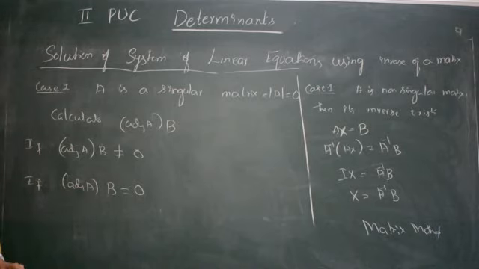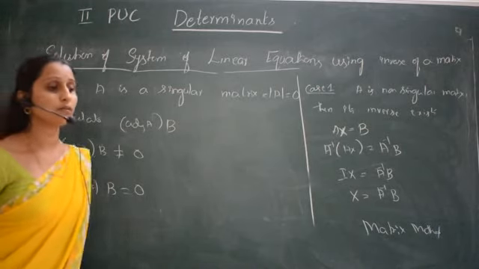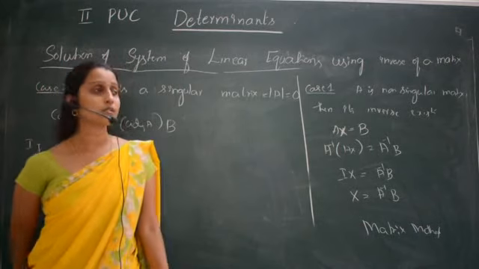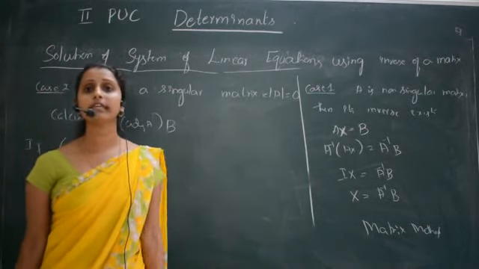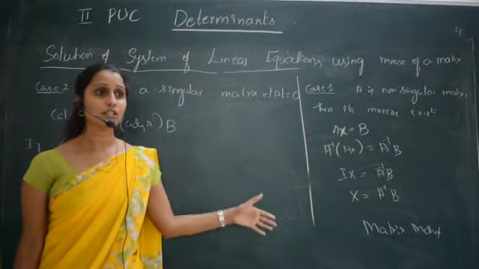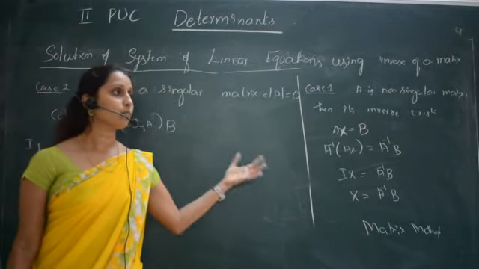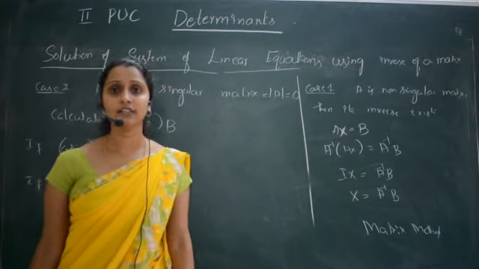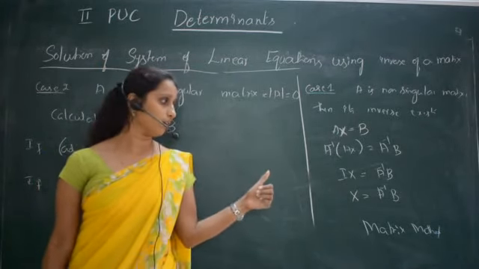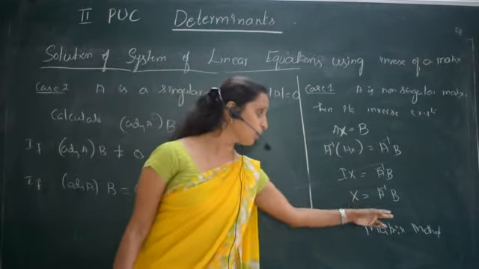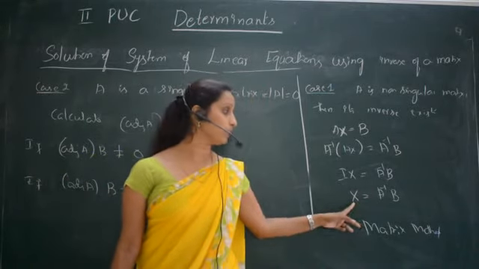So this is about how to find the solution of a system of linear equations by using a matrix method or by using the inverse of a matrix. These two are very important applications: one is the matrix method, and one more is to check whether it is consistent or not. To find the value of X, you need A inverse.